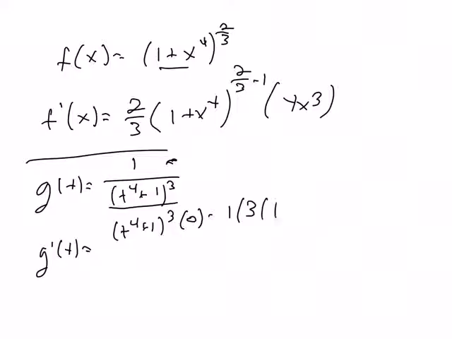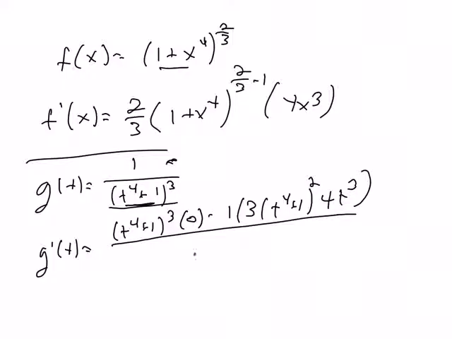We're going to get 3 times t to the 4th power plus 1, and then taking the derivative of the function inside, times 4t to the 3rd power, all over t to the 4th power plus 1 to the 6th power, and this we can get rid of. So we're left with negative 3, because that dropped down, t to the 4th power, and then we took the derivative inside. This looks fine. Okay, that was problem 11.